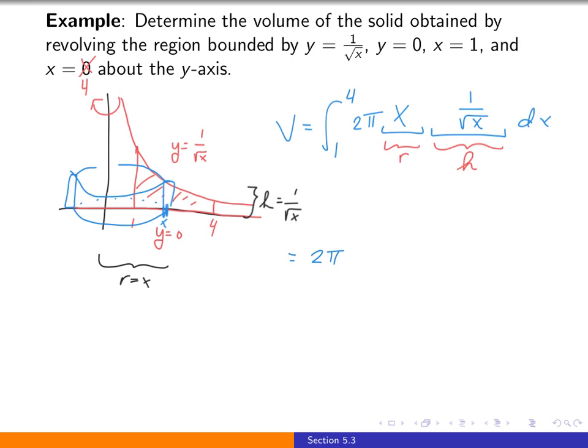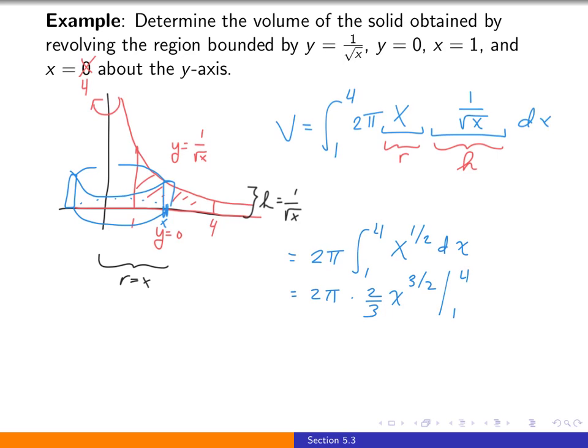So we have 2 pi, a constant which pulls out front, the definite integral from 1 to 4, and x divided by the square root of x is x to the 1/2 power. The antiderivative of x to the 1/2: 1/2 plus 1 is 3/2. So 1 over 3/2, or 2/3, x to the 3/2 from 1 to 4.